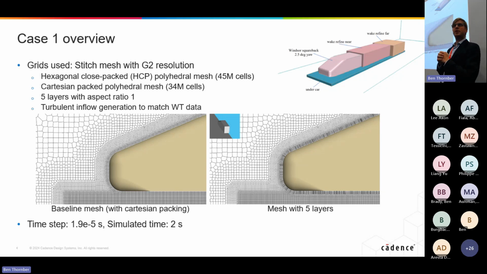We've looked at meshes that include layers on top of the honeycomb or Cartesian meshes, as opposed to our standard baseline polyhedral approach where you just generate your grid and then essentially cut it in a polyhedral way with the geometry. And we've also looked at the impact of including turbulent inflow into this setup to match the turbulent inflow observed in the experimental setups.